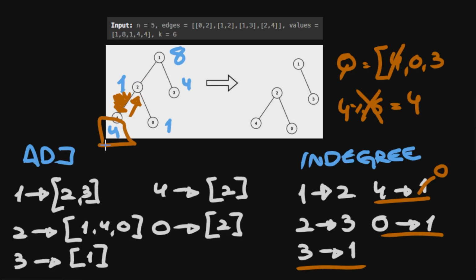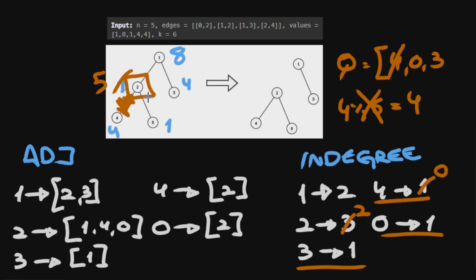So we take this and we add it here. 1 plus 4 is 5. Now we can remove this incoming edge from node 2, meaning we go here and subtract 1, this is now 2. And we still don't add this to the queue, because from here we have 2 options still. We need this value to be 1 in order to add this to the queue.